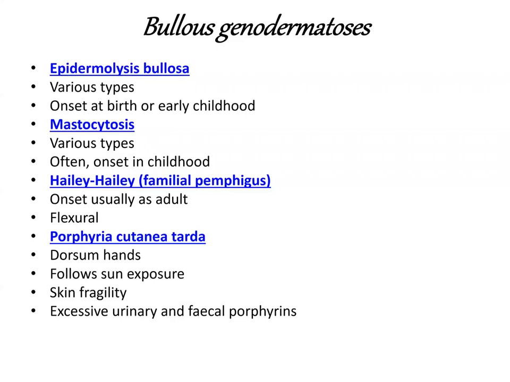So there are various types, usually onset at birth or early childhood. But there are other genodermatoses which can give rise to blistering. So mastocytosis, just for your knowledge, you may see them or you may not see them if you don't work in a dermatology unit.